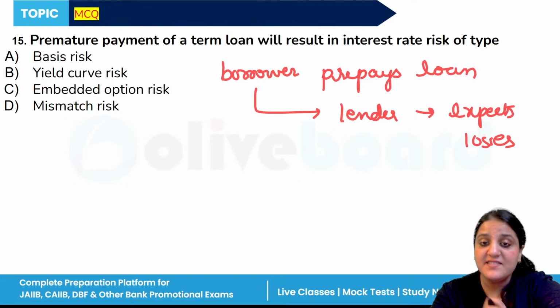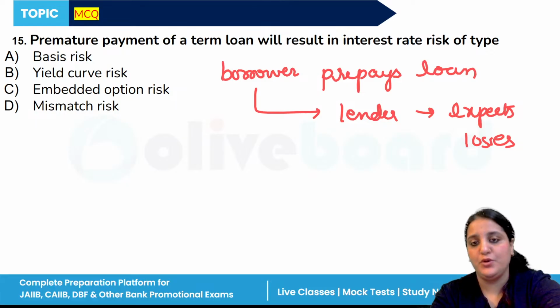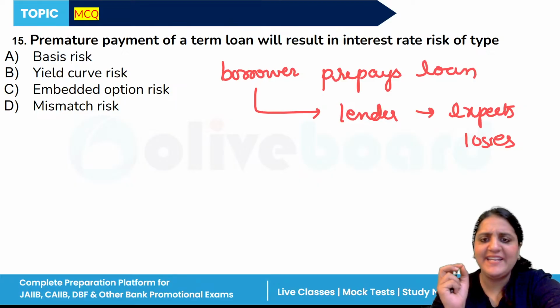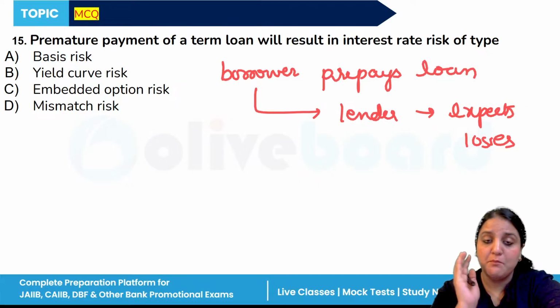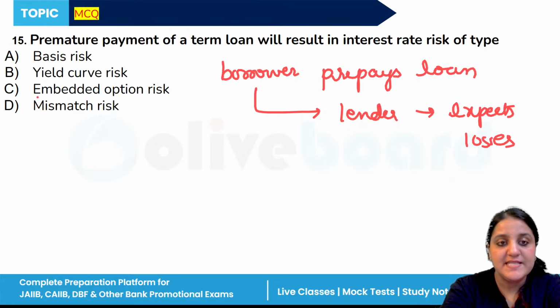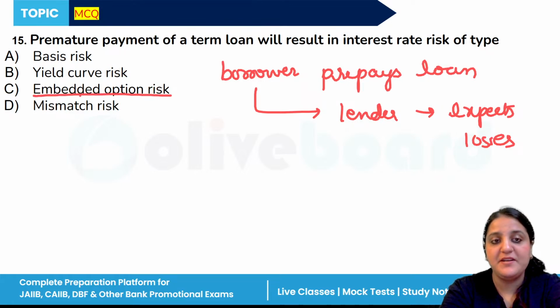This is embedded in the loan contract as a prepayment option. Suppose a loan of 1 crore at 8% for 10 years. The borrower prepays in the third year. So the bank loses interest for the remaining 7 years. That is called embedded option risk. So option C is correct, embedded option risk.